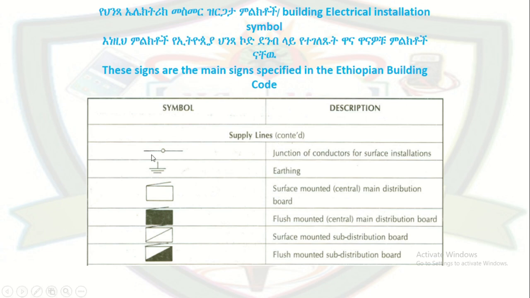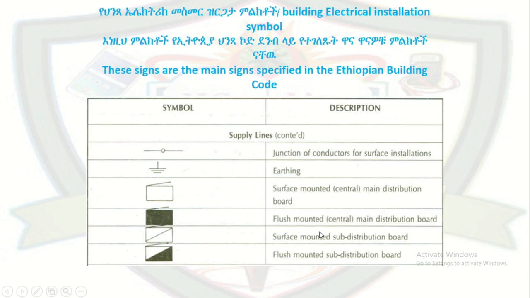And the first shown here is the junction of conductor for surface installation. This is earthing. This is earthing. This is surface mounted or central main distribution board.